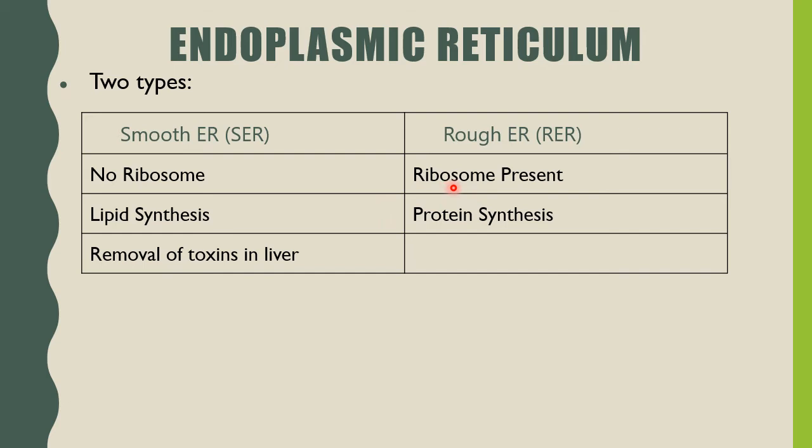Now the work of ribosomes is to make proteins. So the function of rough endoplasmic reticulum is protein synthesis. Smooth ER does not have ribosomes. So what does it do? It makes lipids. It also removes toxins in the liver.